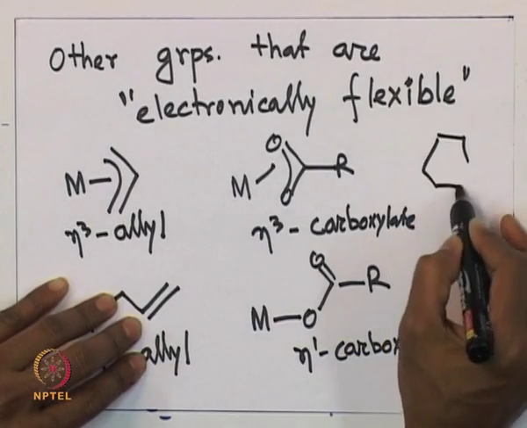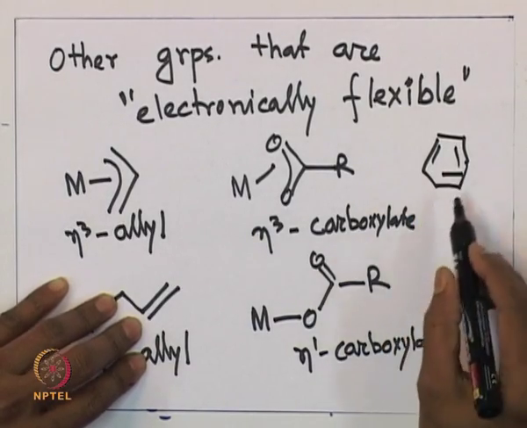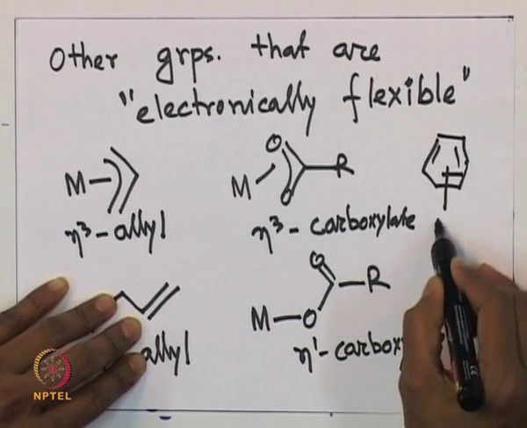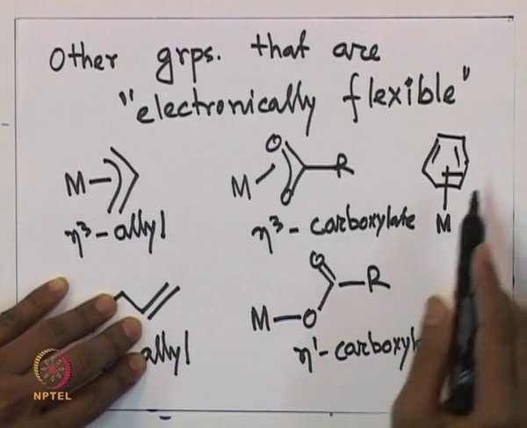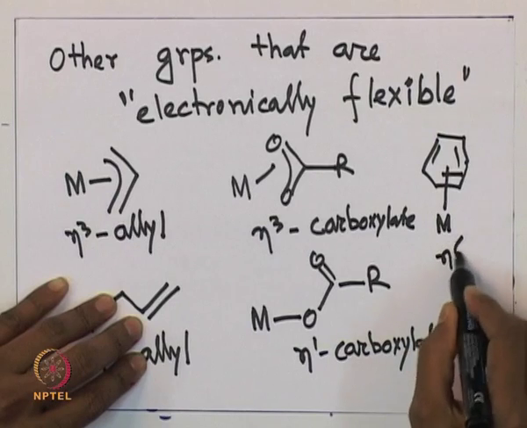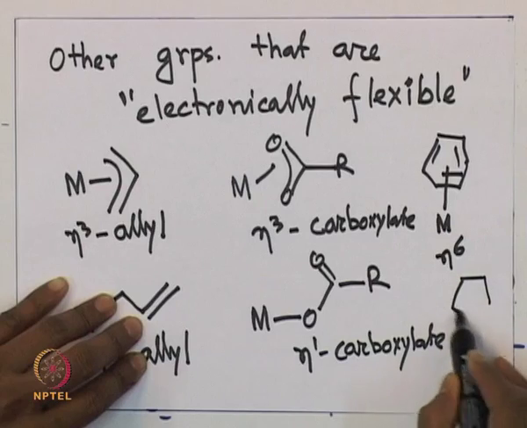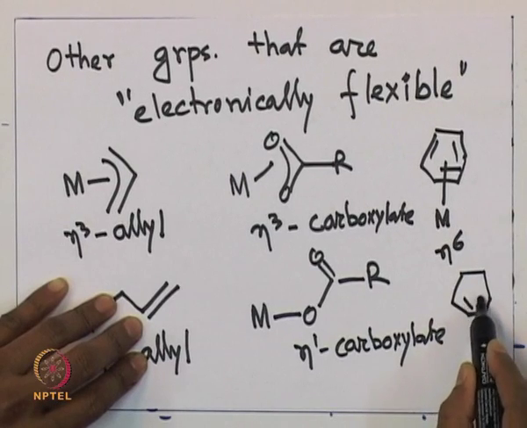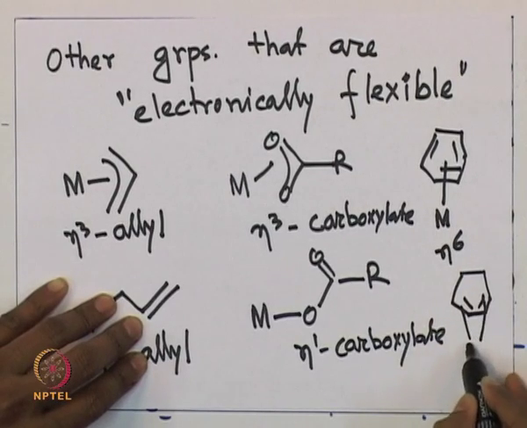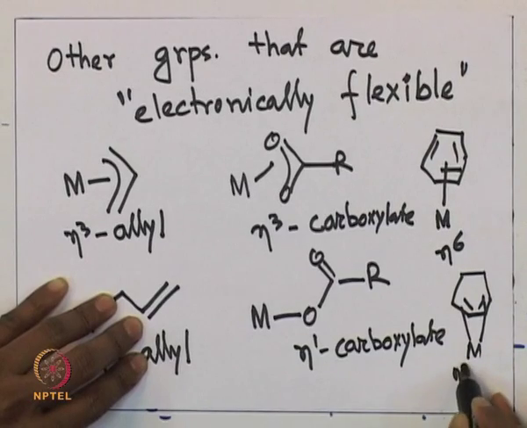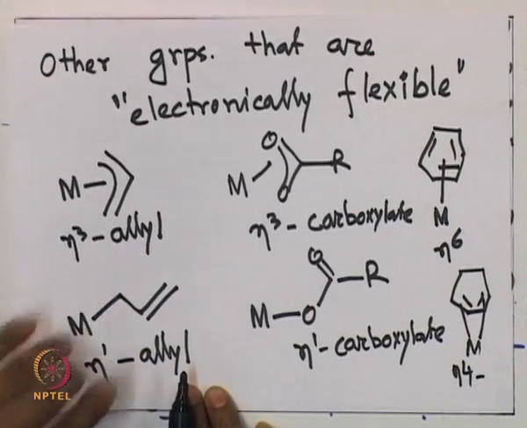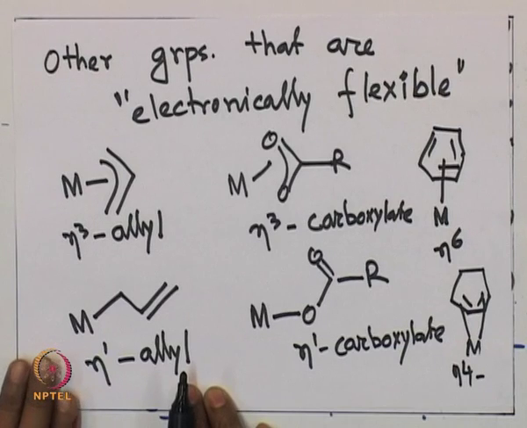Another famous example includes the metal coordination with benzene by eta 6 mode. Now, the slippage can be possible to give you an eta 4 mode of coordination. So, these are some examples. Of course, there are a lot of other cases.